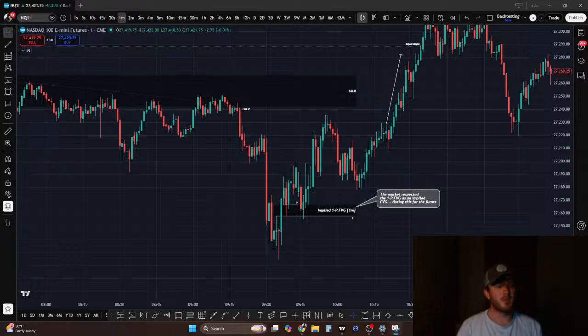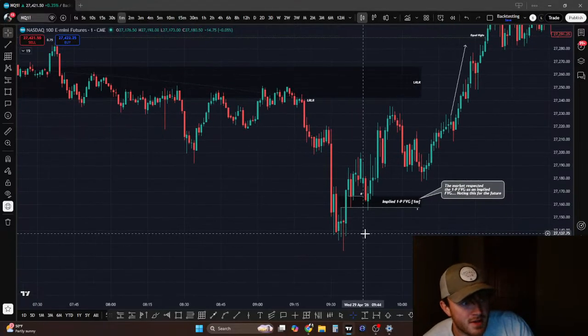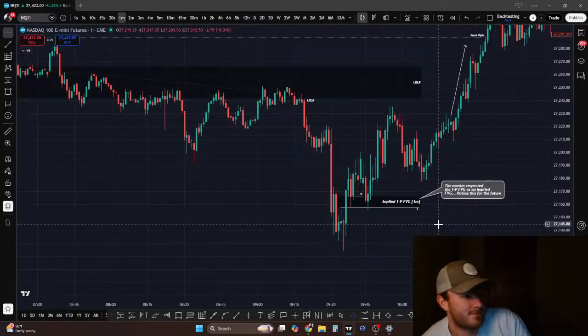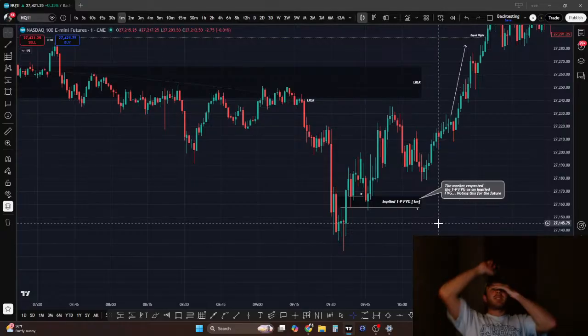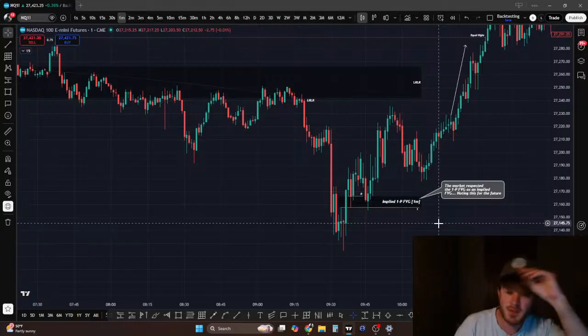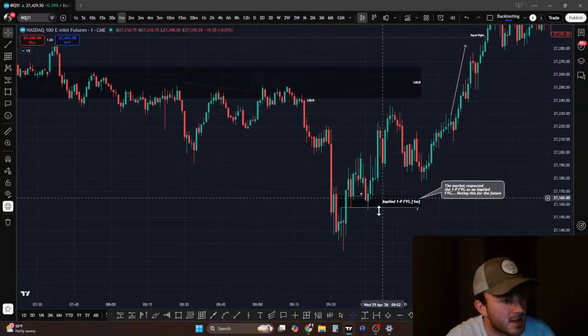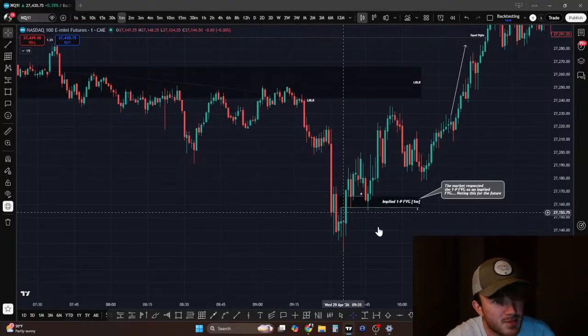Once again, my version of implied gaps, not ICT's. Honestly, I feel like I shouldn't even need to say that anymore, because my version of implied gaps is a lot better than ICT's version. I don't mean that to knock ICT, but this makes way more sense to call an implied gap than his. But I'll still use his. I'm just saying marking this out as implied makes more sense.